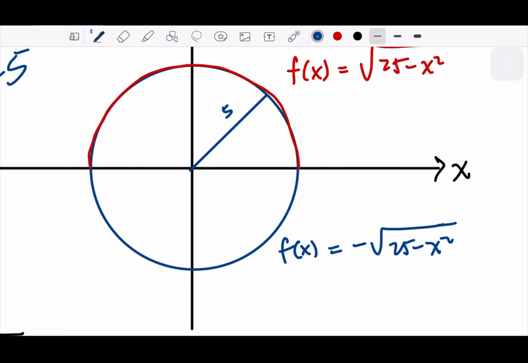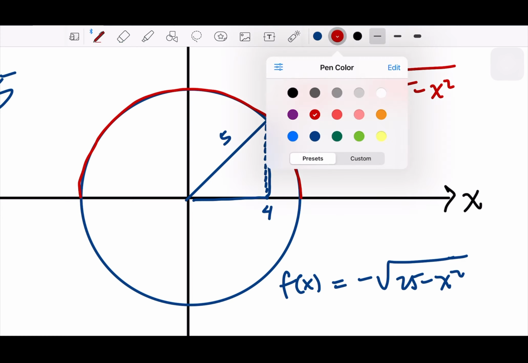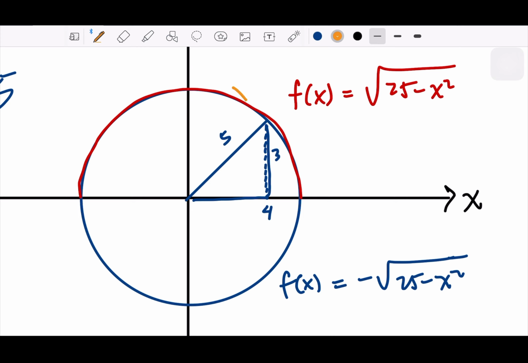Okay, let me just show you this triangle here. If this is 5, and if this is 4, this should be 3, right? Now let's say we have the tangent here.